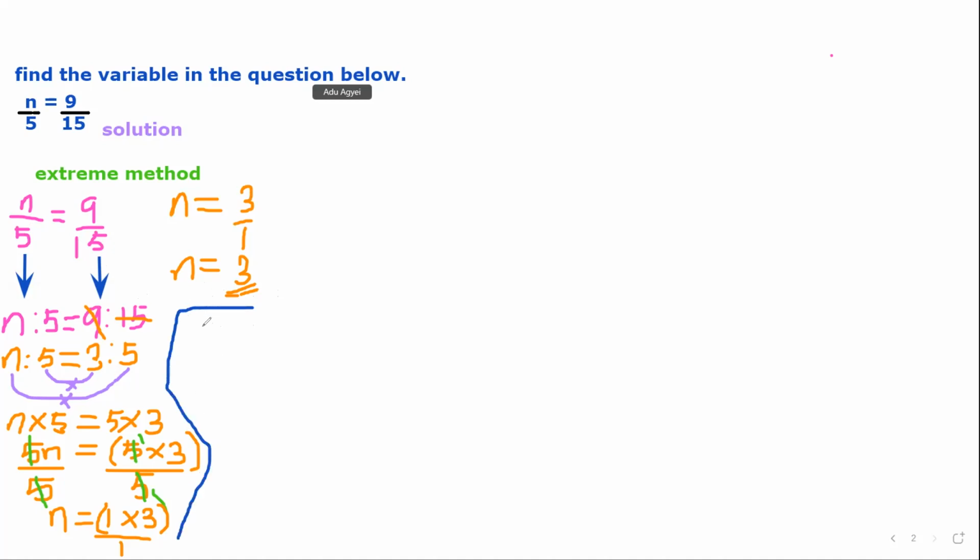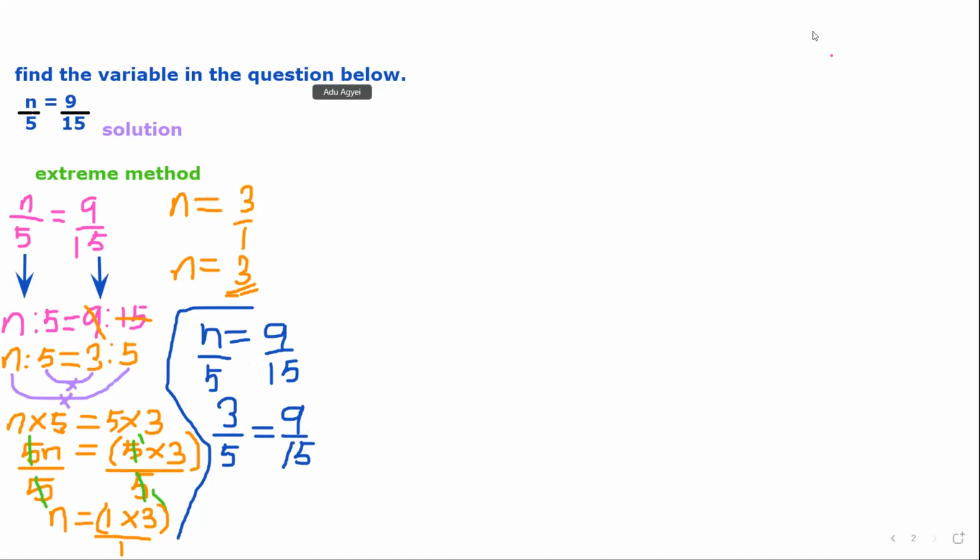So here n over 5 is equal to 9 over 15. Then you do the substitution here with 3 over 5 equal to 9 over 15 right there.